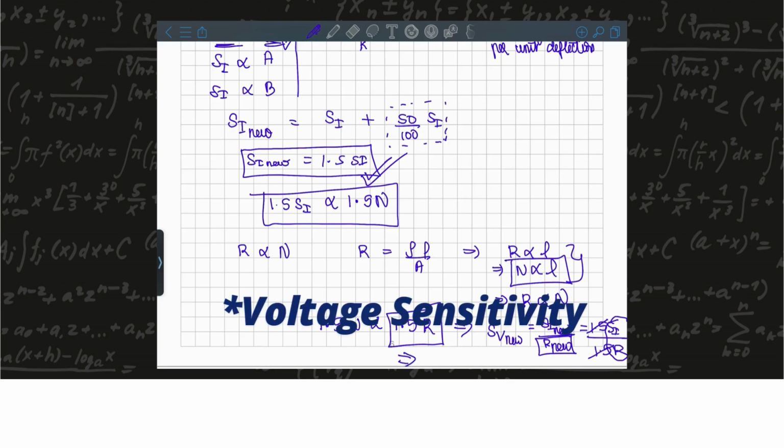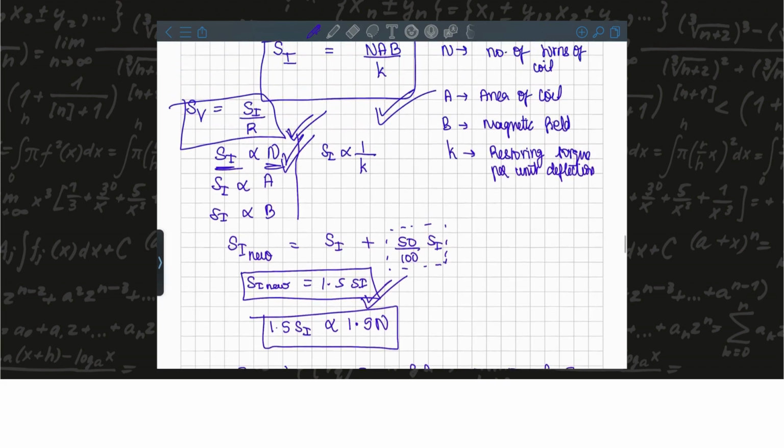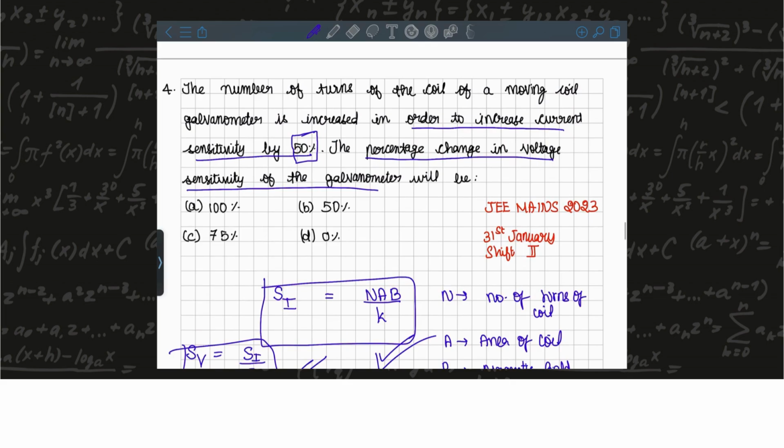So SV new is equal to SV. Since the new and the old one are both equal, I can say that there is no change in voltage sensitivity, therefore 0% change. Hence the right answer for this question is option D, 0%.